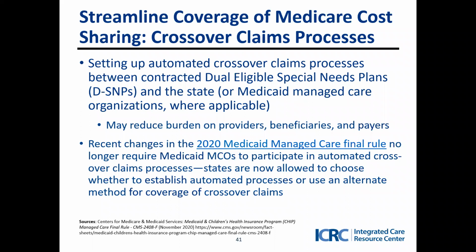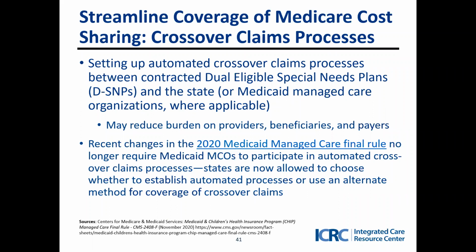To transfer provider claims from fee-for-service Medicare to fee-for-service Medicaid, states and the federal government use what are known as crossover claims processes. But when managed care plans are involved in covering Medicare and or Medicaid benefits, sometimes providers have to submit two separate claims to Medicare and Medicaid, which can then be confusing and burdensome for providers, plans, and the states.